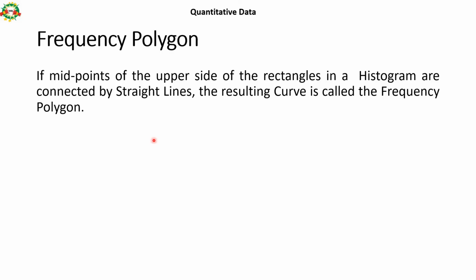Frequency polygon. If the midpoints of the upper sides of the rectangles in a histogram are connected by straight lines, the resulting curve is called a frequency polygon. So whatever vertical bars are there, we take out the central points and connect them with straight lines, and the resulting figure is called a frequency polygon.